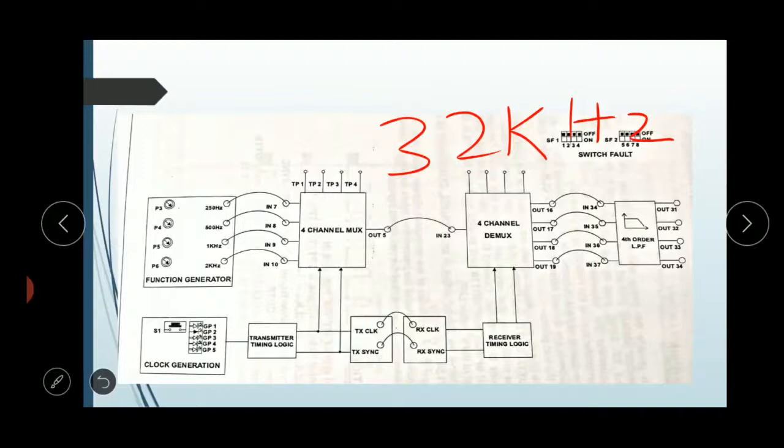For that we connect the TX CLK with the RX CLK and TX sync with the RX sync, meaning transmitter clock and sync pulse with the receiver clock and sync pulse. Why? To provide the timing and synchronization information to the receiver section that helps to recover the original signal at the output. Okay, so this is all about the theory part. Let's do the experiment now on the trainer kit.